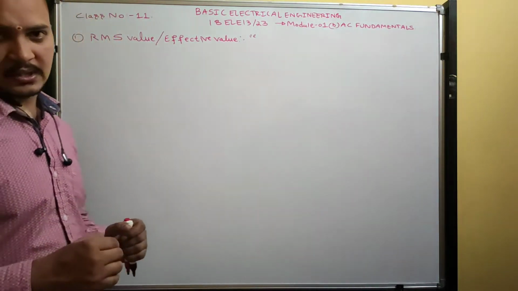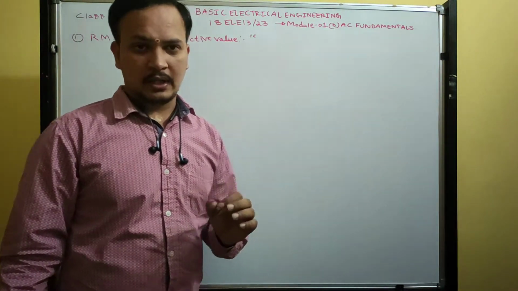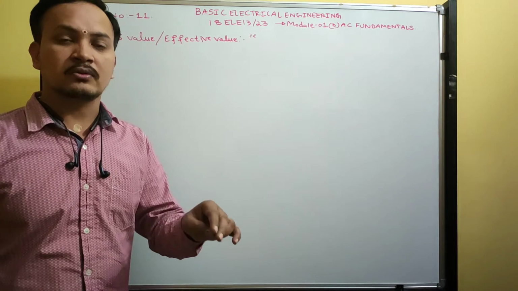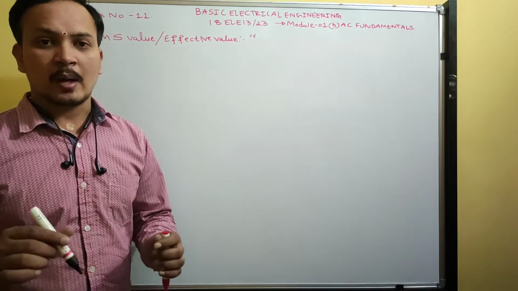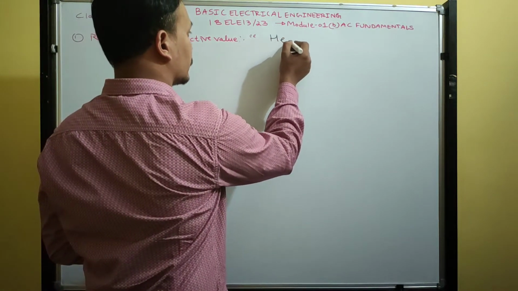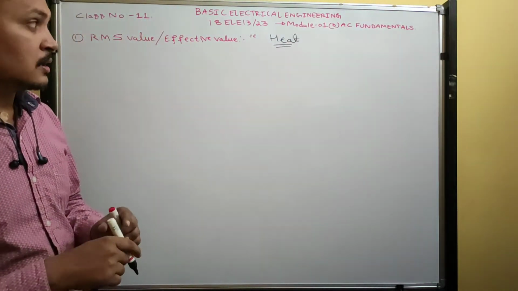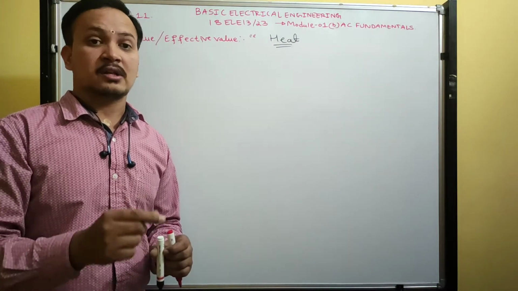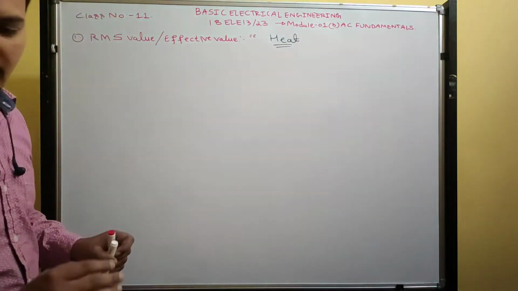I will repeat once again. This word is very important: heat. It produces the same amount of heat as is produced by an alternating current for the same circuit for the same time. This is the standard definition.